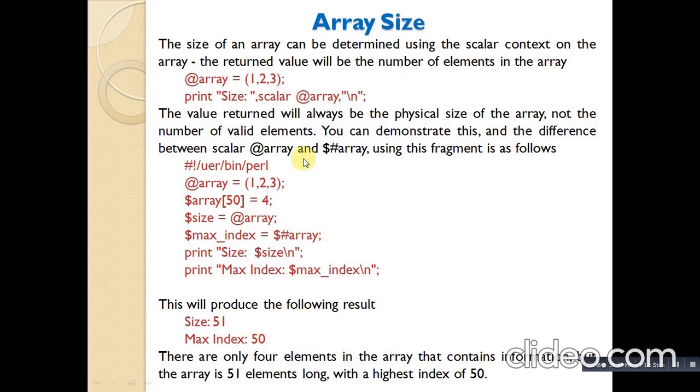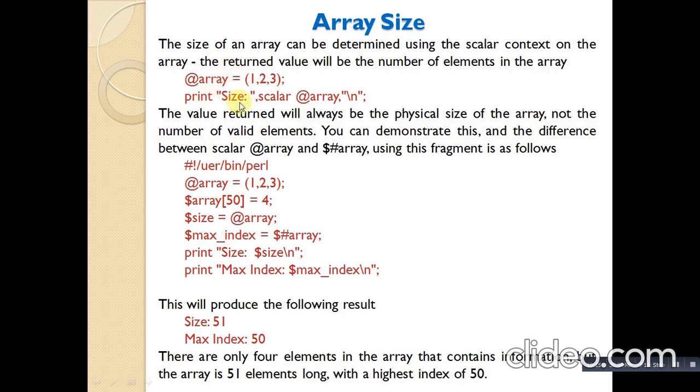Coming to the array size, the size of an array can be determined using the scalar context on the array. The returned value will be the number of elements in the array. Now we have declared @array equals opening parenthesis 1, 2, 3 closing parenthesis semicolon. So 1, 2, 3 are the three elements we have in the array.